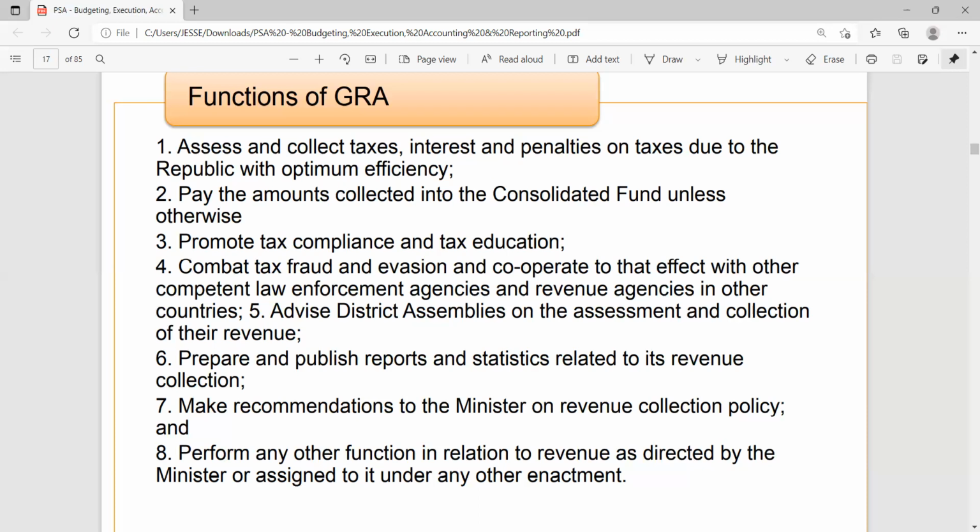They perform other functions as well. So we can safely say that the functions of the GRA are in relation to the assessment of taxes, collection of taxes, administration of taxes, and ensuring that these taxes are reported appropriately and published for transparency purposes.